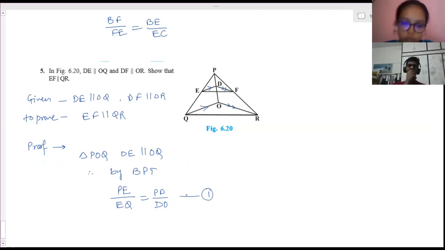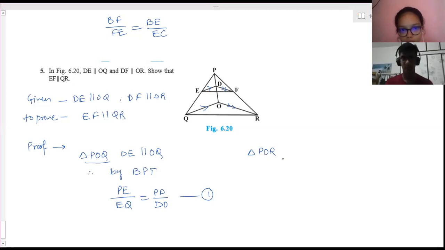This is first. Then second triangle. Which triangle we have to use? POR. Which sides are parallel? DF and OR. DF parallel to OR.